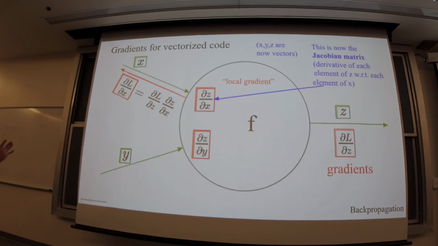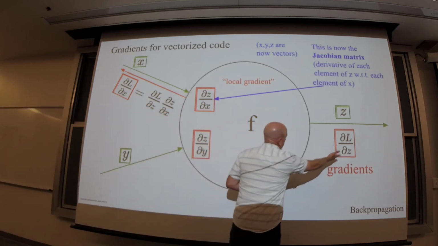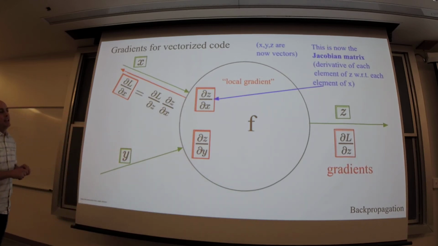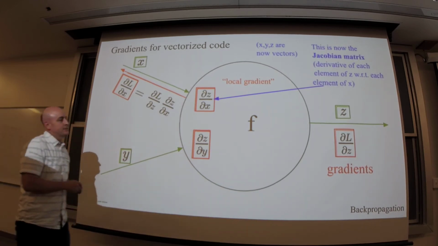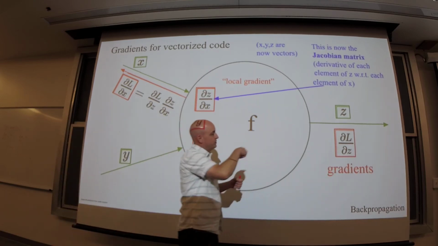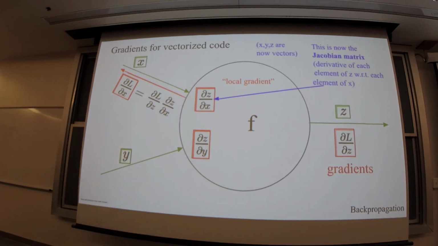I think in this class we'll stick with the gradient having the same shape as the variable with which you're doing partial derivatives, though mathematically you usually have it be the transpose. As long as the right things line up with each other, you're doing it the right way. So that's a vector.